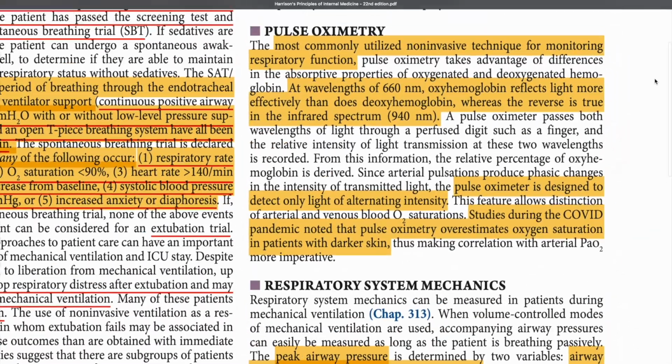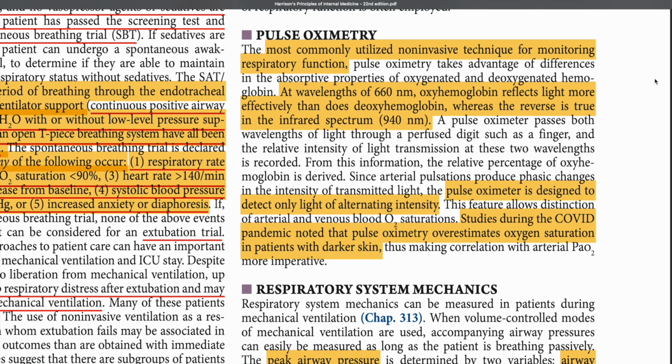Then talking about pulse oximetry, the most commonly utilized non-invasive technique for monitoring respiratory function. We have seen these things in hospital, but we never wanted to know how this works, under what principle. So here it is: at wavelengths of 660 nm, oxyhemoglobin reflects light more effectively than does deoxyhemoglobin, whereas the reverse is true in the infrared spectrum.